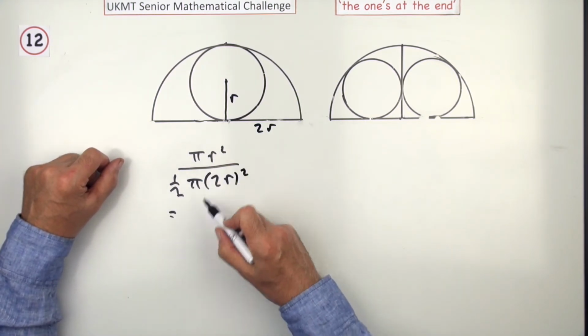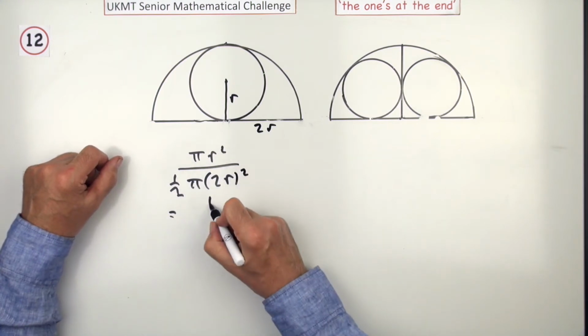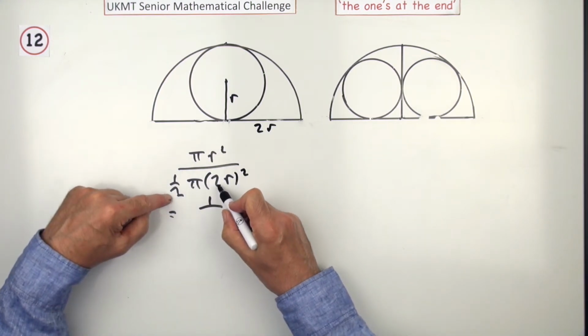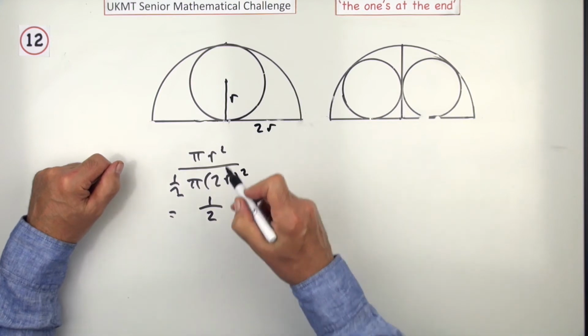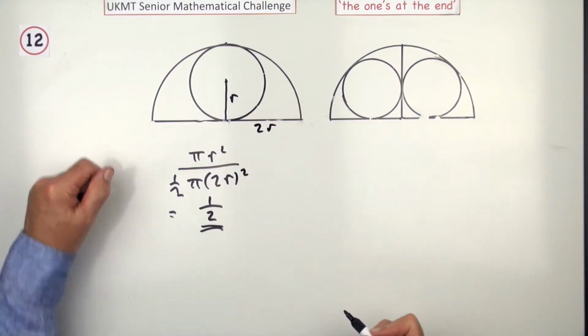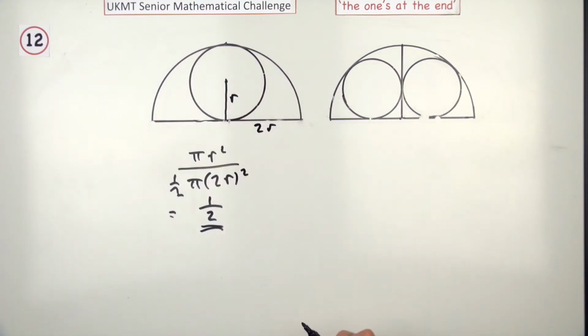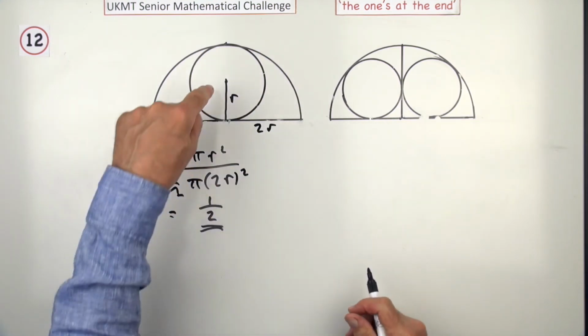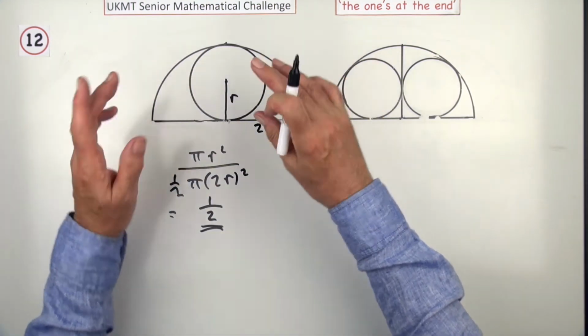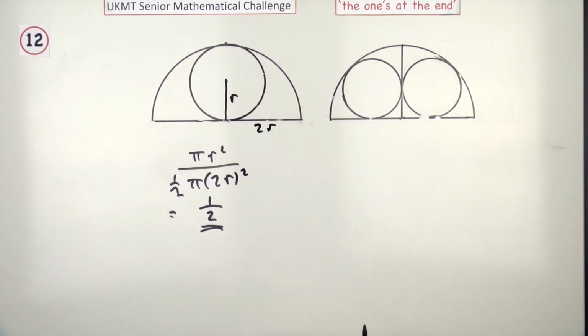Well, the pi will cancel out the pi, the r squared will cancel out the r squared, so you're just left with a half of 2 squared, which is 2 underneath, so that's easy to remember. The largest circle in a semicircle takes up half of it, which means its area, if the whole thing there is 2, is going to be 1. But that's the part I want to remember. That's quite easy to remember.